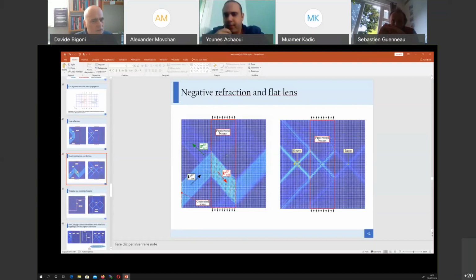That's it? The wavelength is small compared to the area of negative refraction. It's linked to super resolution, I think. Yes, it is small.